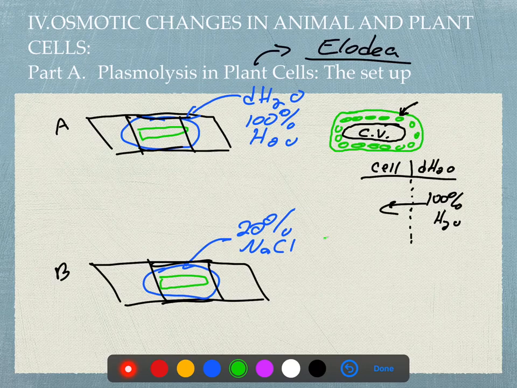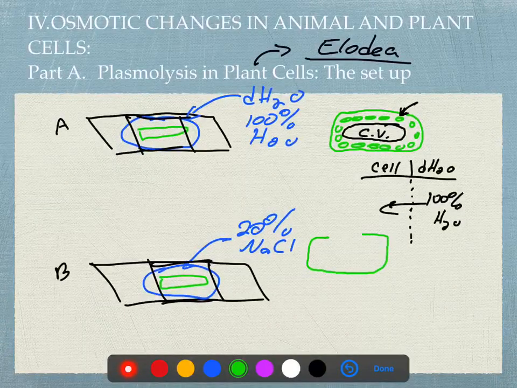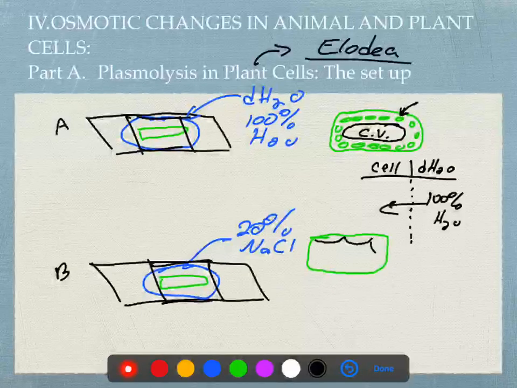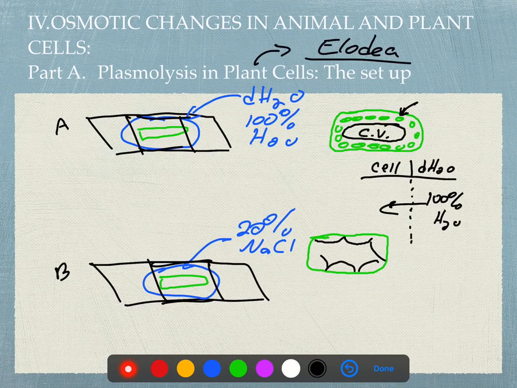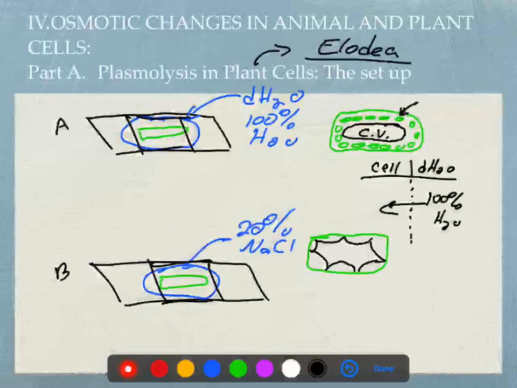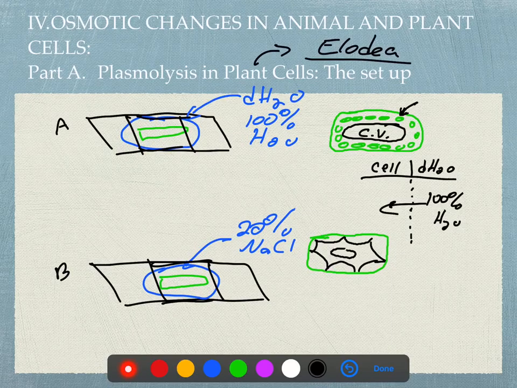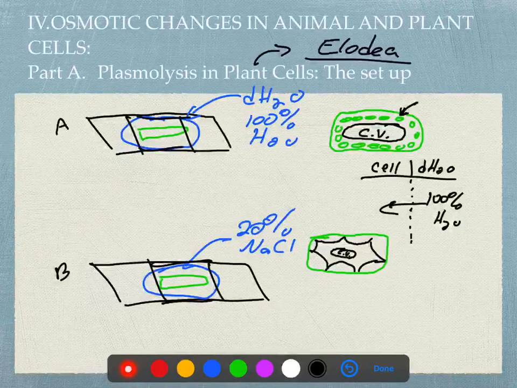Okay, but what about the Elodea that was placed in a salty solution? Okay, so that one's cell wall would still be nice and big, but then we would have noticed that the cell membrane has begun to peel away from under the cell wall.